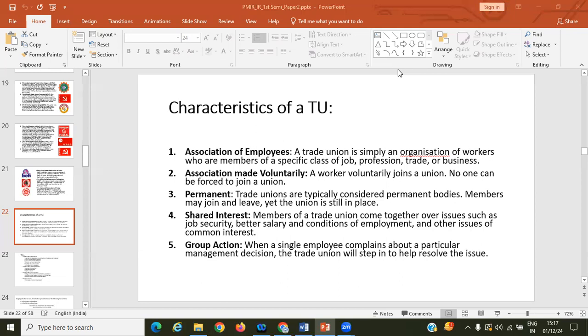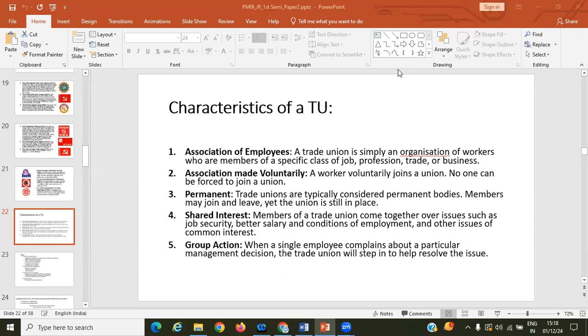Even if that person is the main responsible person, the highest responsible person in the union, and they are leaving, another person is ready to take the ownership. So the union itself is a permanent body. It is not temporarily dependent on people. It depends on the process, not the persons, not the people.